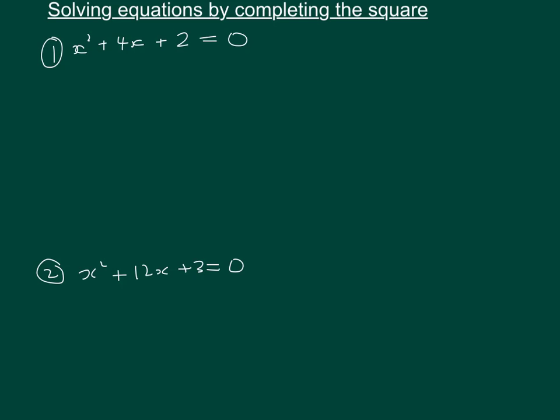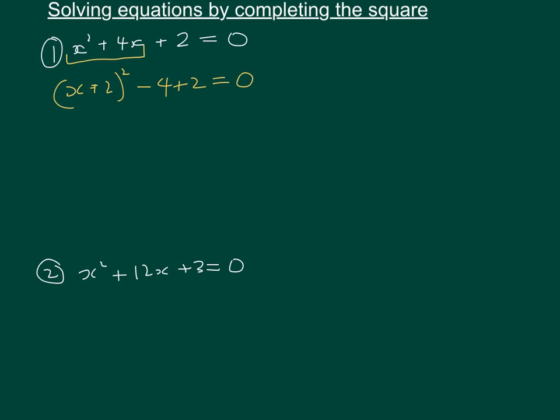So for this one we're going to complete the square on these two terms here. So we'll do x plus 2, and that's in the brackets, all squared, and then we have to take away the 4 which comes out of this if we were to expand this, because 2 times 2 is 4, so we're going to take that away, but then we need to add on 2, so minus 4 plus 2 equals 0.